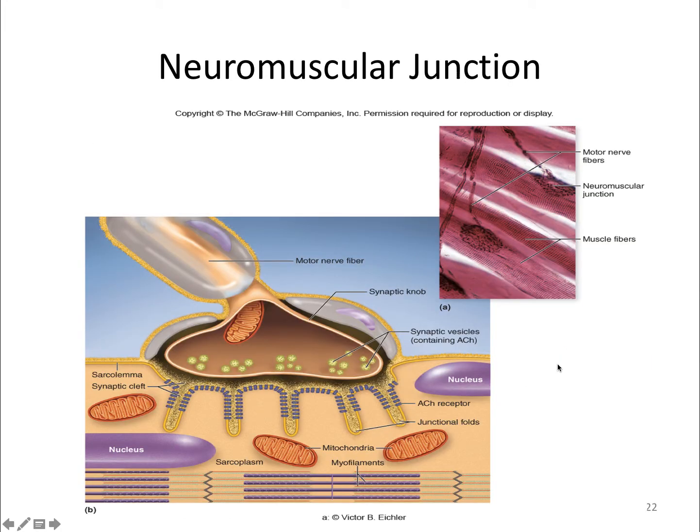Okay, so I promised you a picture of this, and here it is. We've got the motor nerve fiber, which is the axon, or transmitting part of the cell. So signal comes from this way down this way, and ultimately it comes from the brain. So let me draw a really crappy brain here.